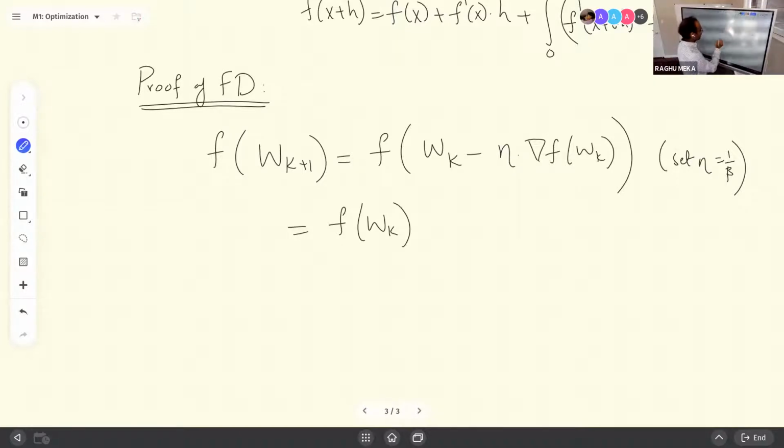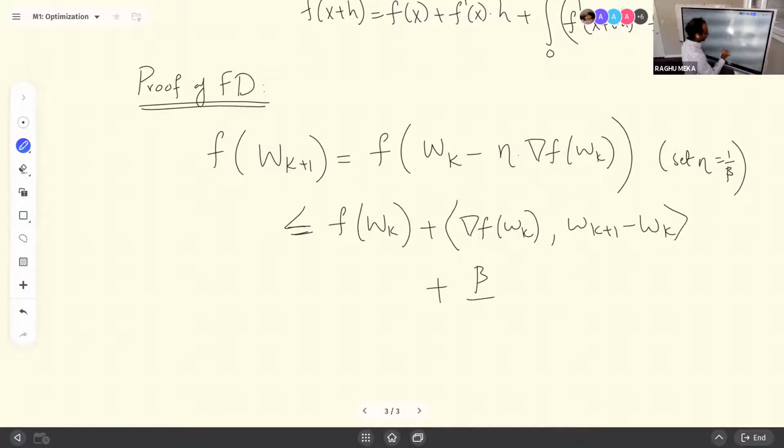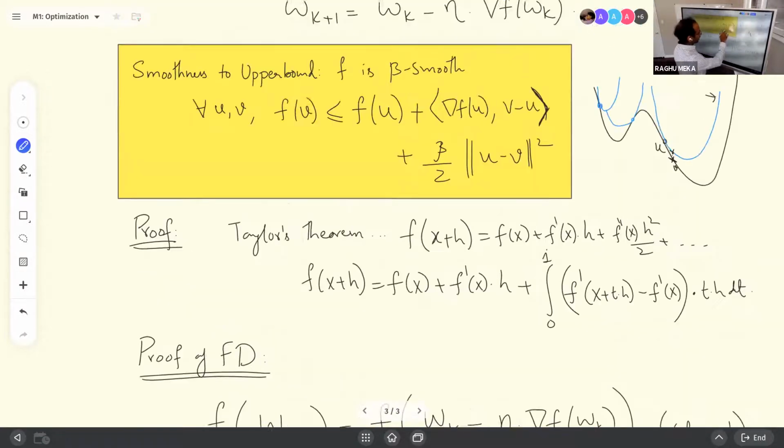So we know that this is less than or equal to f of w_k plus the inner product of gradient f of w_k and w_{k+1} minus w_k, plus beta by 2 times, wait, what did I write here? Yeah.